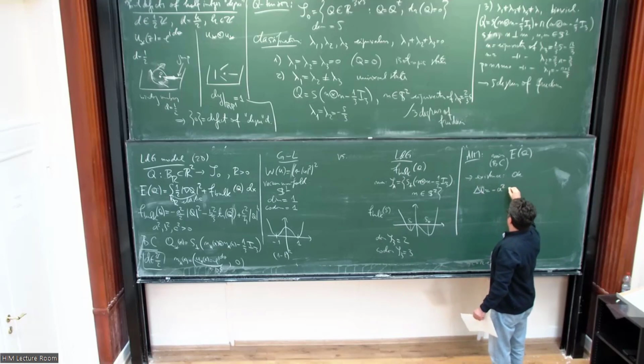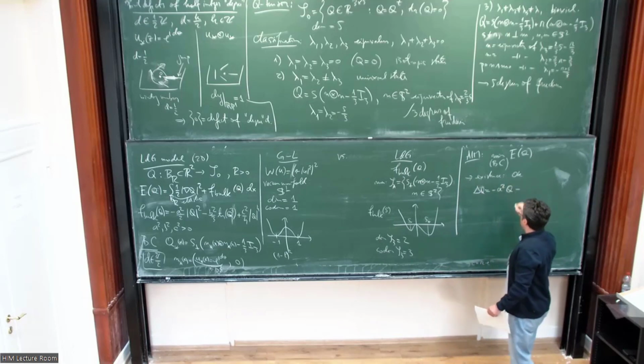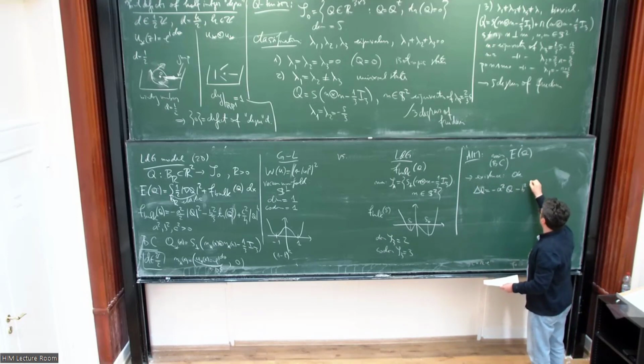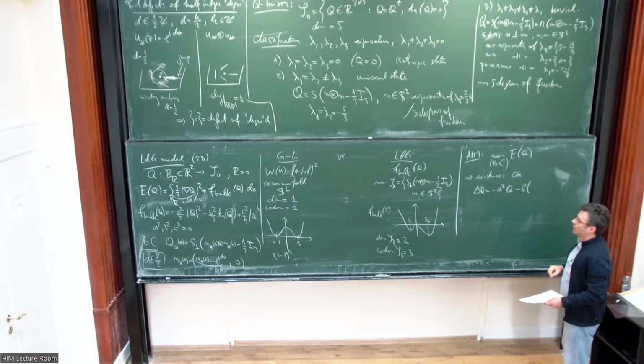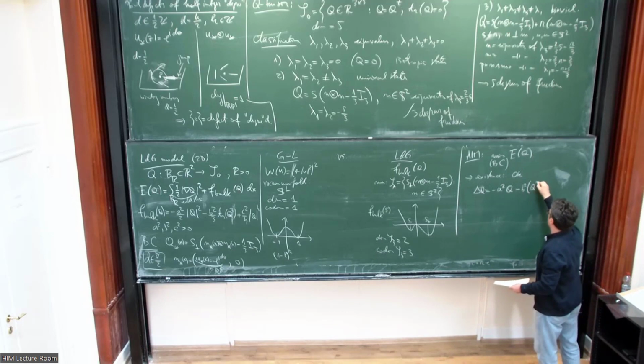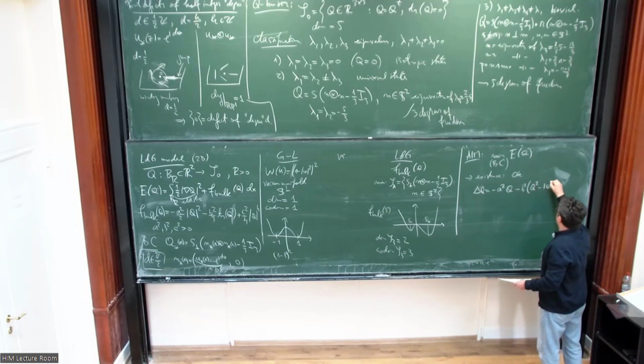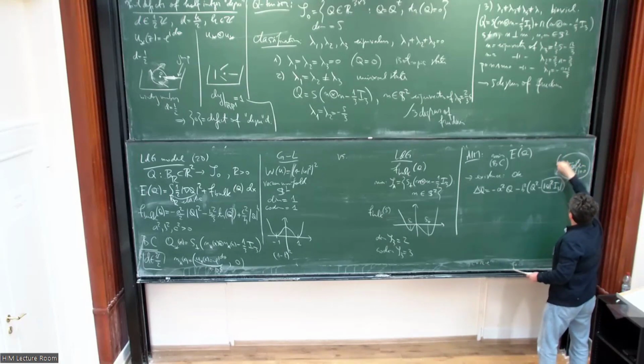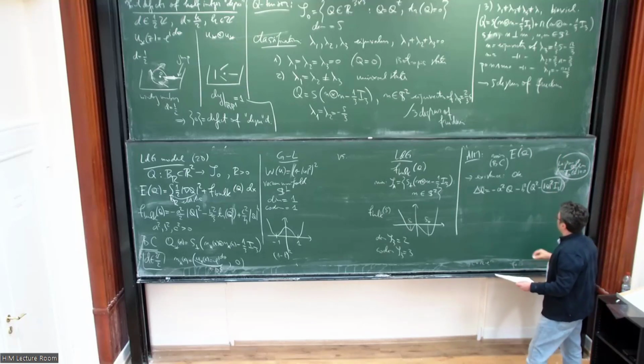Which has the form minus a squared Q, so that's the linear part. And then you should be careful because you work with trace 0, so you have a Lagrange multiplier, which is this one, coming from the fact that the trace is 0.